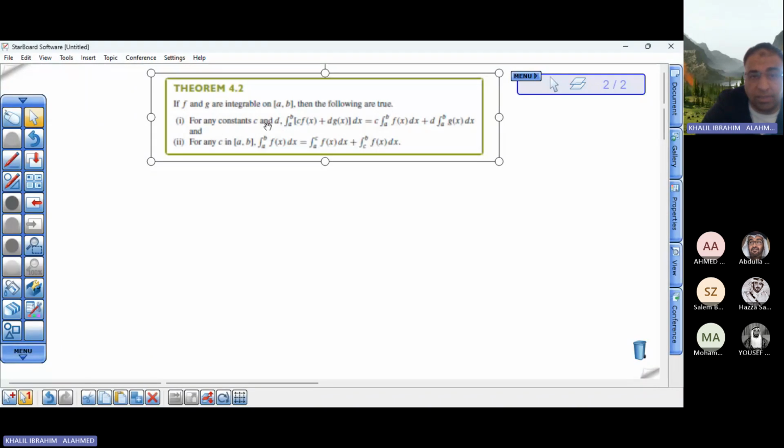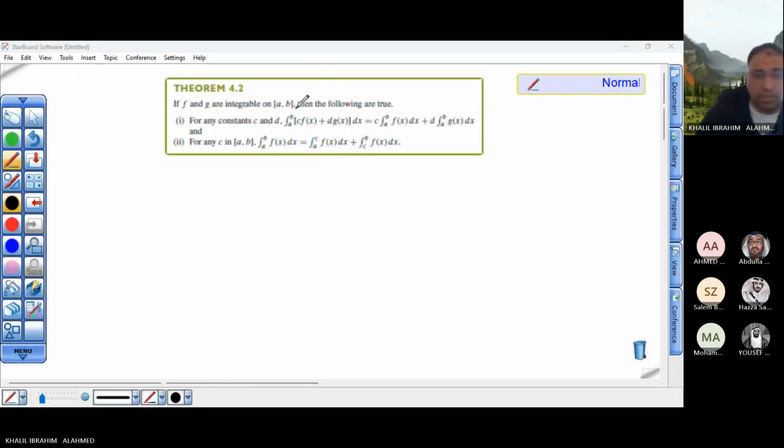First, for any constants c and d, the integral from a to b of c times f of x plus d times g of x dx: the c goes out of the sign, and also the d goes out. This distributes over the first and the second function. As you see here, c goes out of the sign of integration, c times the integral from a to b of f of x dx, plus d goes outside of the sign of integration times the integral from a to b of g of x dx.